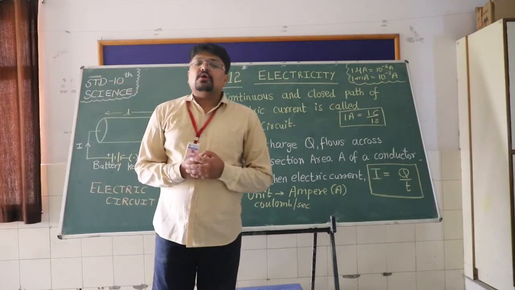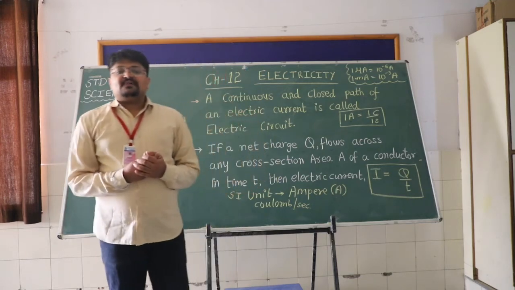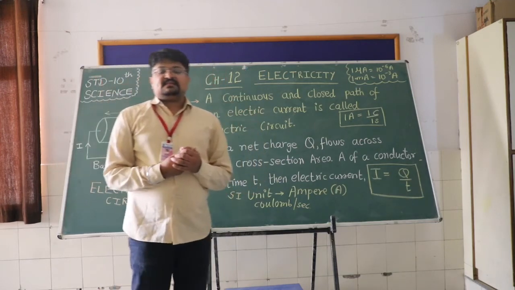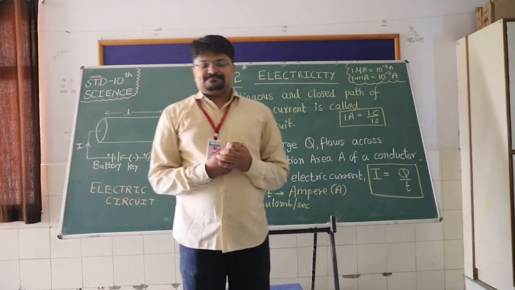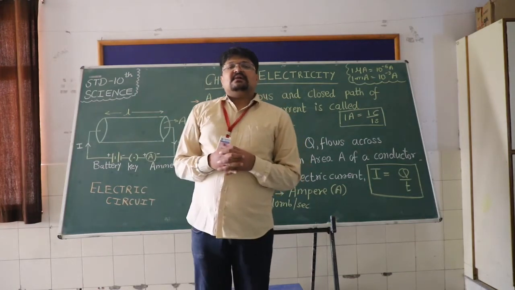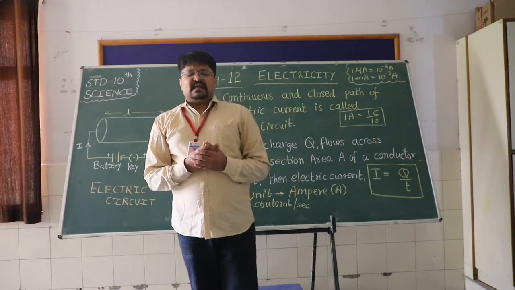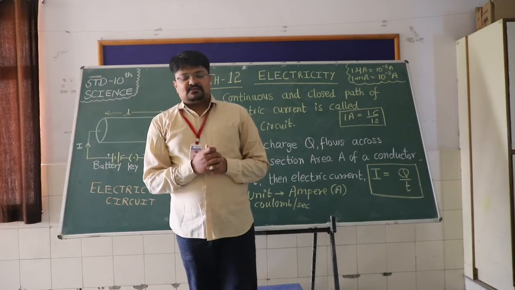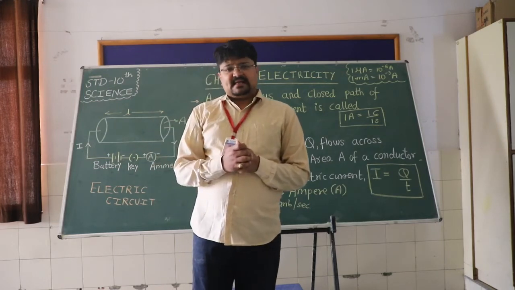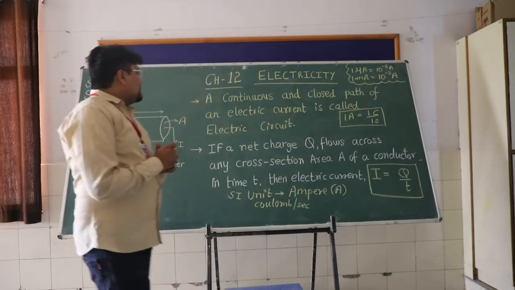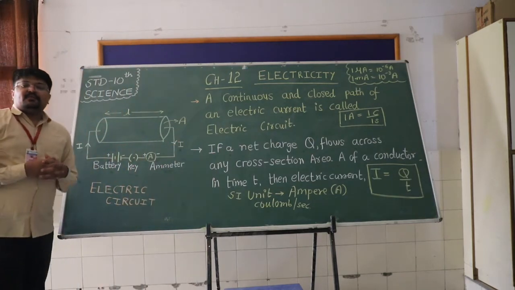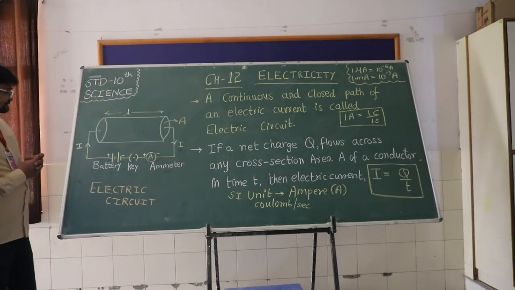Now students, you know the electric charge of an electron is 1.6 into 10 raised to minus 19 coulomb. It is generally derived that the electric charge of an electron is 1.6 into 10 raised to minus 19. Now, how this electric current flows, that I am going to discuss with you.